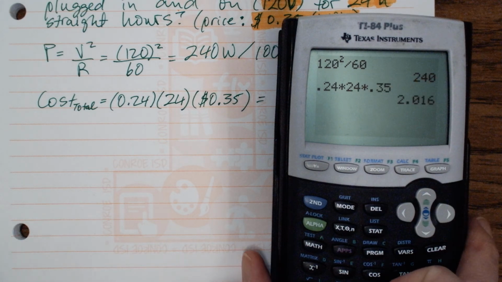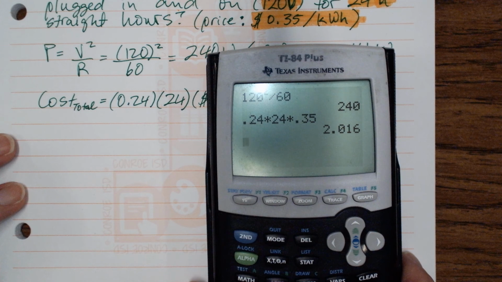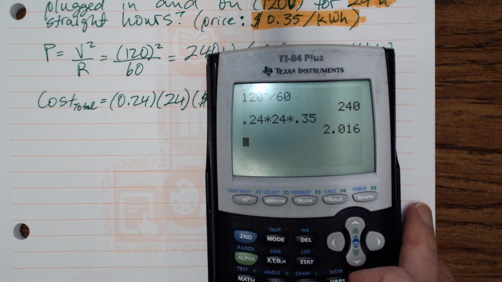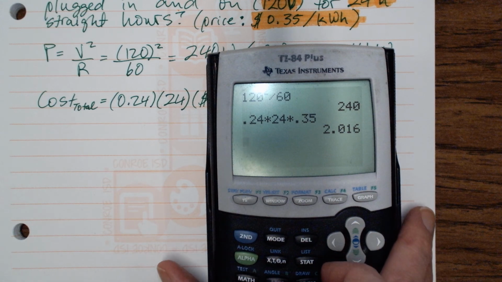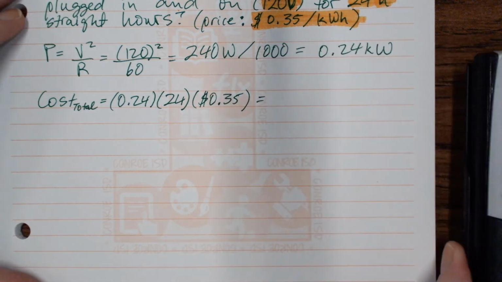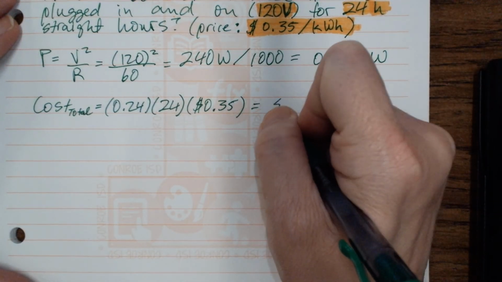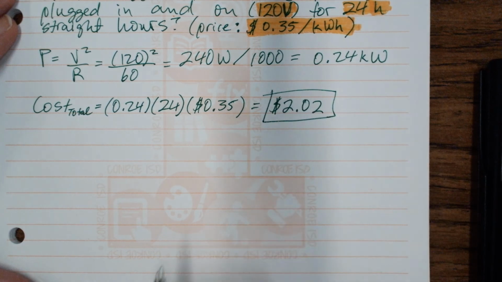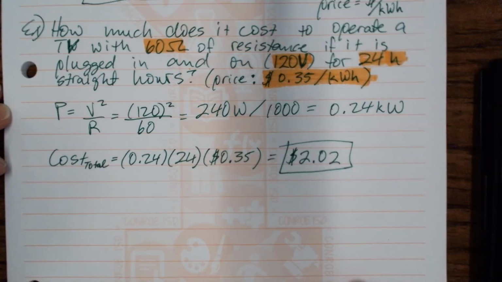Okay. So it's 2.016, but this is money. Money goes 2 places past the decimal pretty much always. Okay? So it should be $2.02 because the energy company is pretty much always going to round up. Okay, there we go.